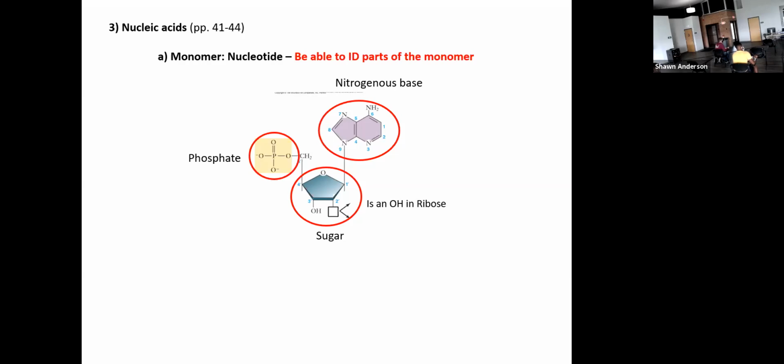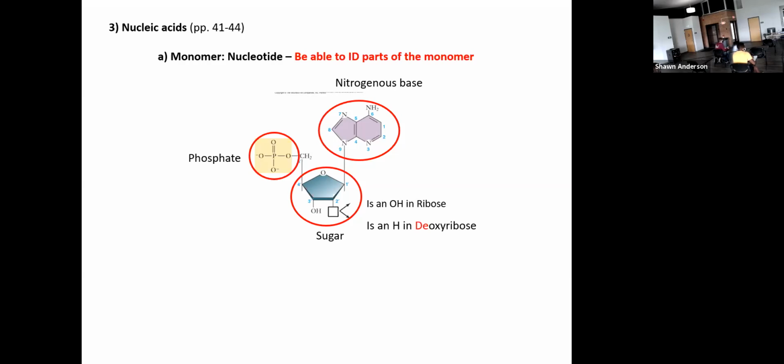Now in this little square, if it's a hydroxyl group, that makes this a ribose. But if it's lacking a hydroxyl, guess what it is? Deoxyribose.